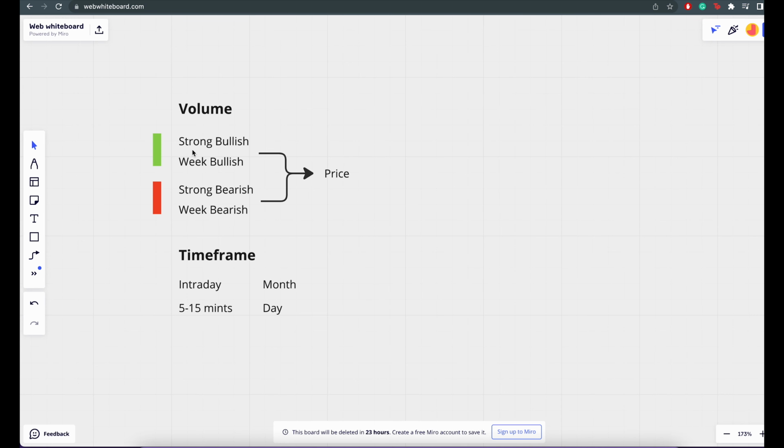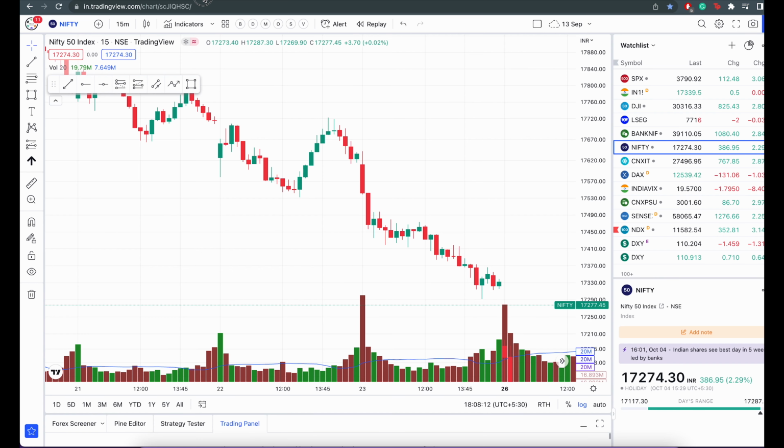This strong bullish always works parallel with the price. So if your price is increasing and you have green volumes, it's positive. If your price is increasing and the volume is not a big green candle, that means it's a weaker bullish, and vice versa for the bearish, right?